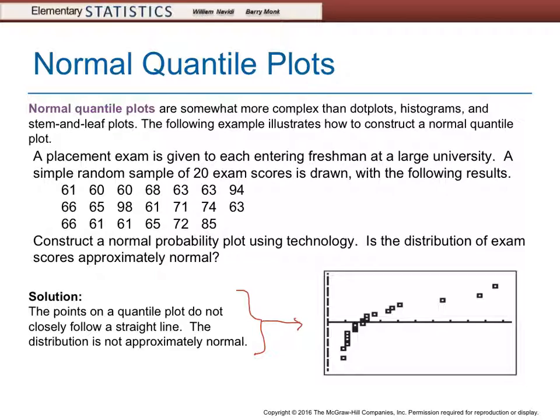The points on a quantile plot do not closely follow a straight line, so we don't believe that the data is approximately normal. So what we're looking for is a data set that follows closely linear from this particular plot. If it doesn't, then chances are pretty good that we do not have a normal distribution.